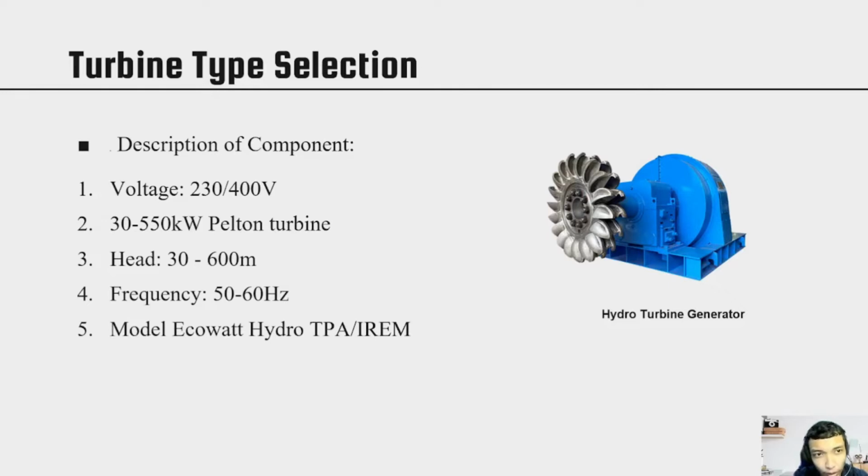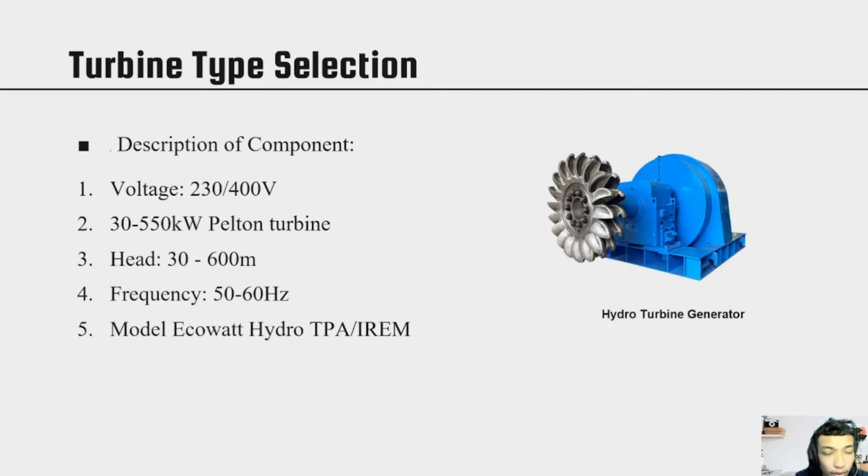Okay, for the turbine type selection, this is the hydro turbine generator that we use in our project. So this is the description of the components in this turbine. First of all, voltage 230 or 400 volt.